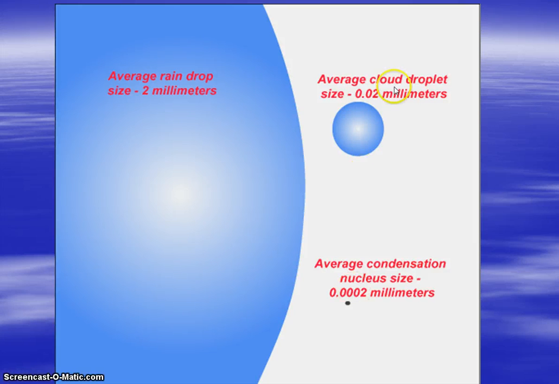So in the cloud we have smaller water droplets, and if you remember from our last chapter, a water droplet actually is liquid water, where the condensation nucleus size down here would be a water vapor. So we have to collect quite a few cloud droplets in order to make a drop of rain that would be large enough to fall from the sky.